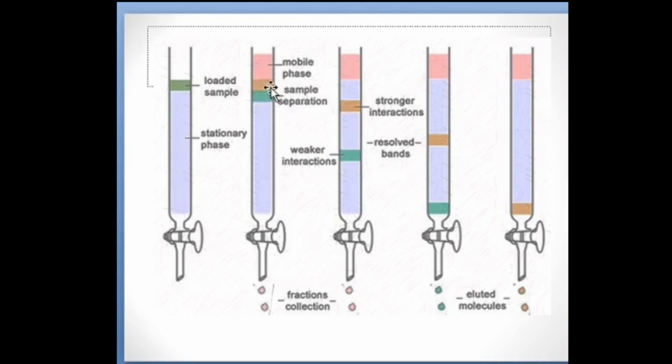So this green color sample, it has weaker interaction with the stationary phase, so it will flow faster. Whereas this yellow color sample, it has stronger interaction with the stationary phase, so it will flow at a lower rate. Okay. Then as this green color will come down, we can collect it, and then separately this yellow color.